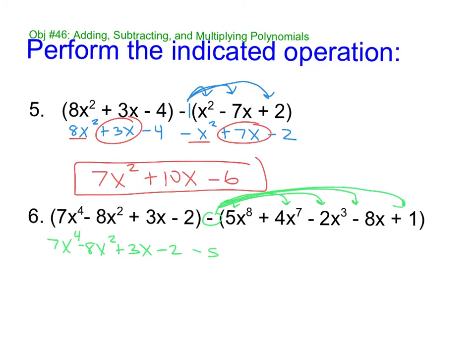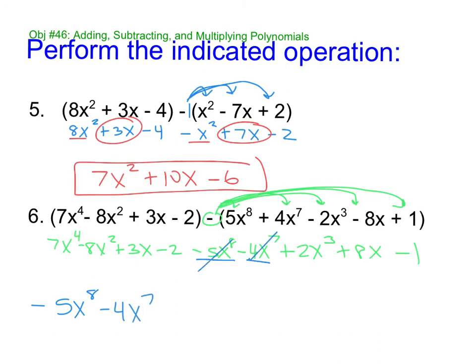So negative 5x to the 8th minus 4x to the 7th plus 2x cubed plus 8x minus 1. All right, let's see. I'm going to start by looking for my highest power. So there's my highest power. There's only one of them. And then negative 4x to the 7th, only one of them.